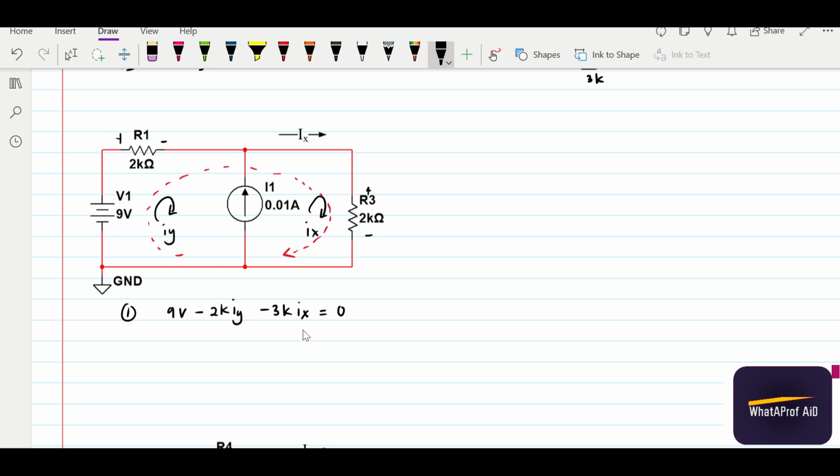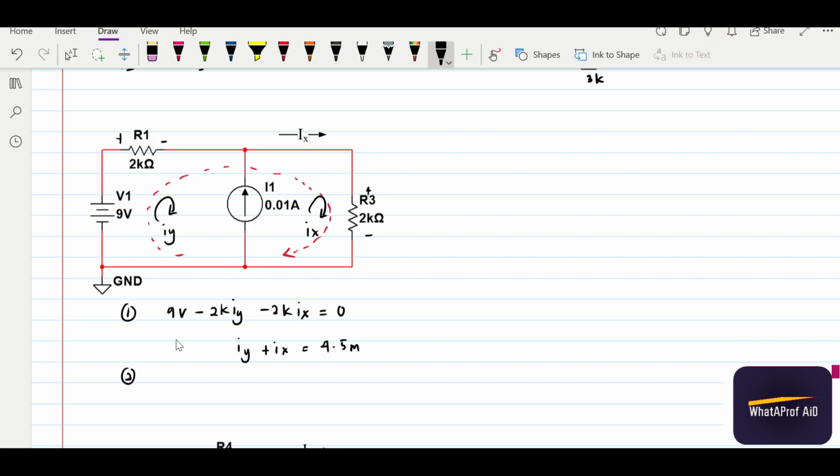So rearranging this equation, we can have 2k iy, sorry, this is not 3k, this is 0, so 2k, typo here, 2k iy plus ix equals 9 divided by 2k, you will have 4.5 milli here.